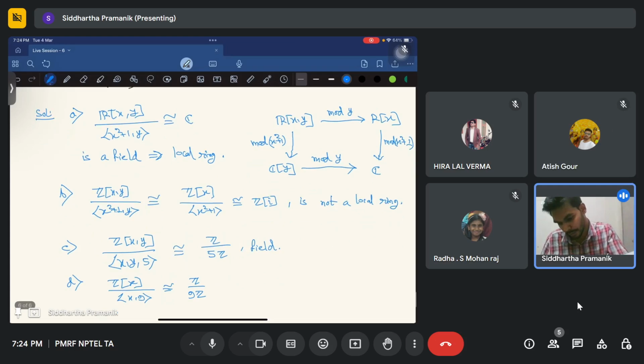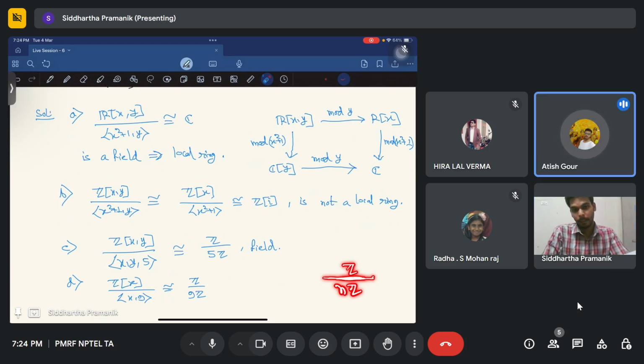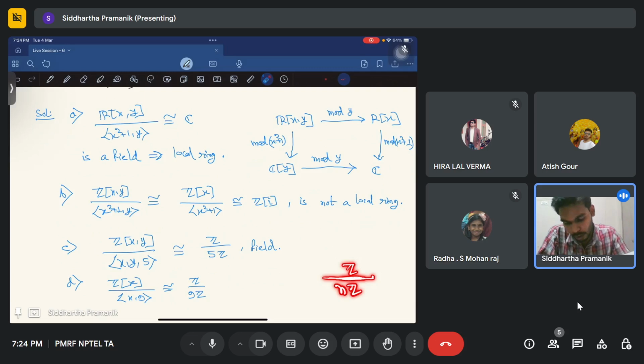So how to find maximal or prime ideals of Z mod nZ? Do you know this? All prime ideals are maximal ideals in this case. Because it is a finite ring, all prime ideals are maximal.